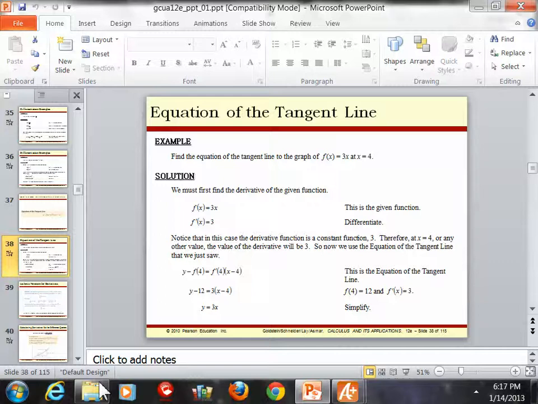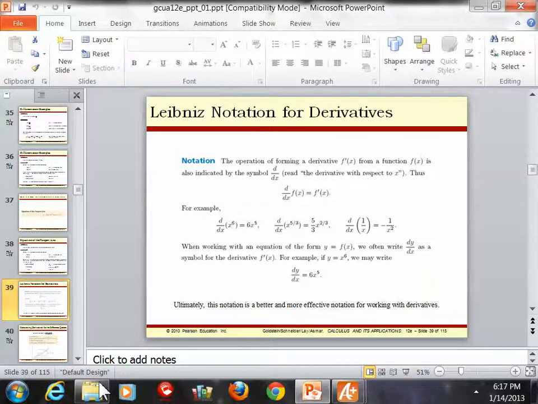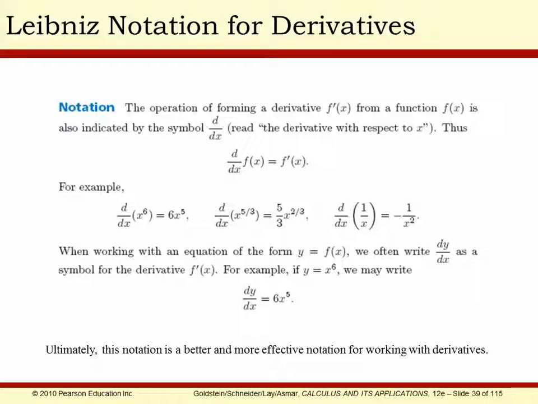So if we continue with this, we're going to look at another notation for the derivative. This notation has a lot of advantages. It's called the Leibniz notation. I may have said that incorrectly. But the whole concept of this derivative, it's just a different way of communicating to the reader that we're taking a derivative.